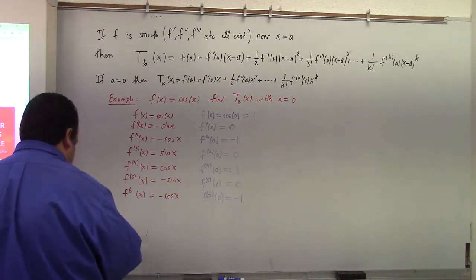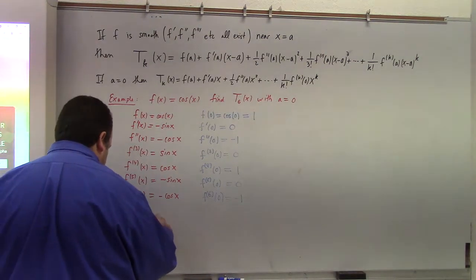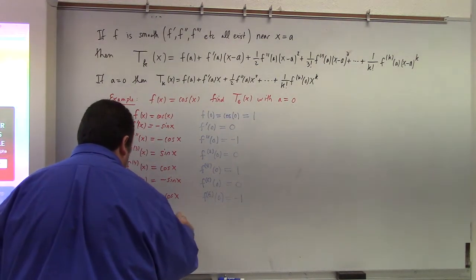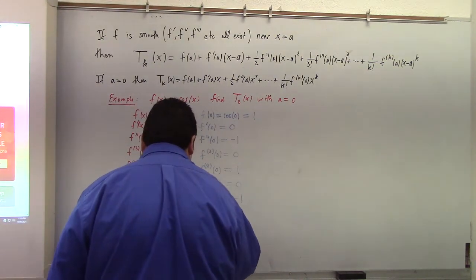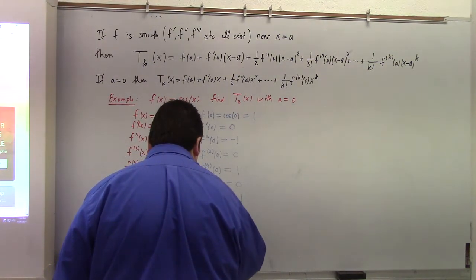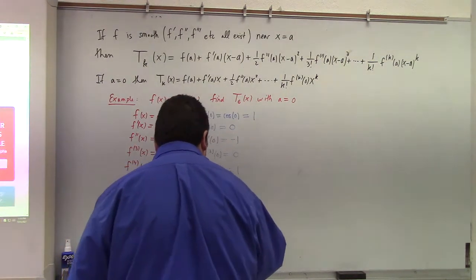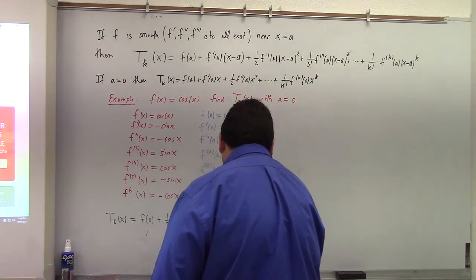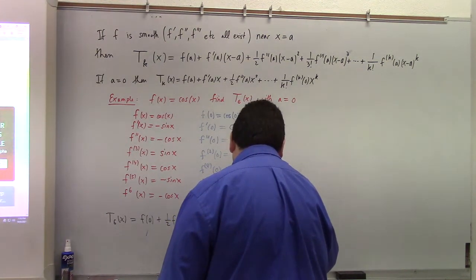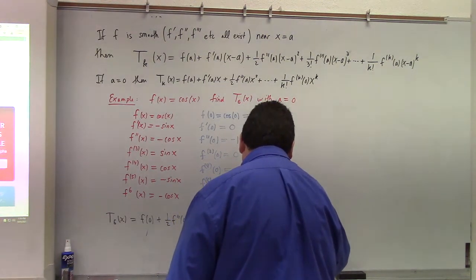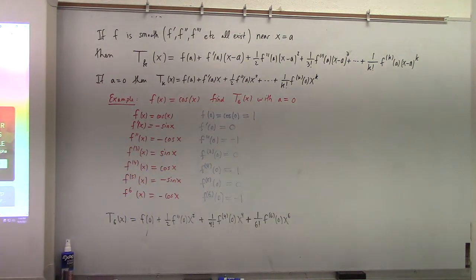T6 of x is going to be f of 0 plus 1/2 f prime prime of 0 times x squared plus 1 over 4 factorial f4 of 0 times x to the 4th plus 1 over 6 factorial, the sixth derivative evaluated at 0 times x to the 6th. That's going to be T6 of x, the sixth Taylor polynomial.